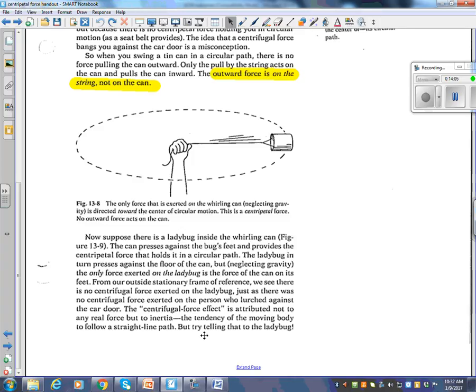Depending on which way they're going, all the blood can rush away from their head, which will cause them to black out. And they actually wear suits. The pants will compress as the plane experiences that, and it forces the blood back up to their head so that they don't black out. Yeah, because that's a bad thing to black out while you're piloting the plane at high speed. Yeah.